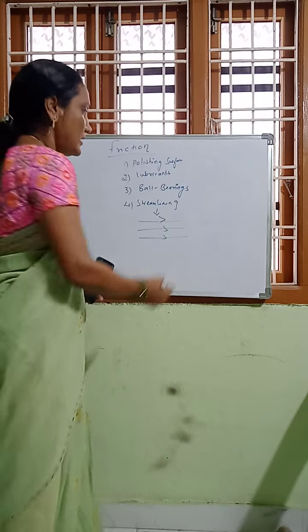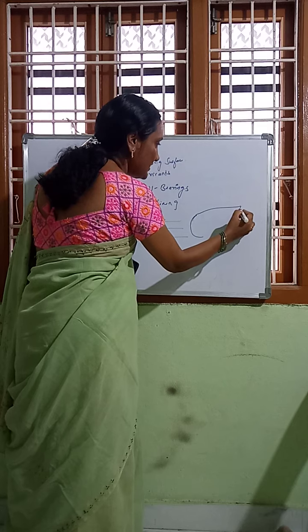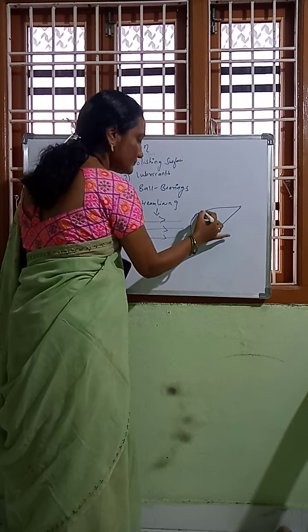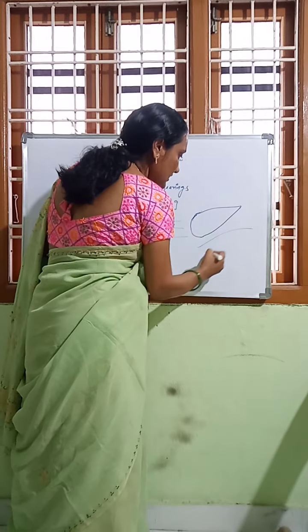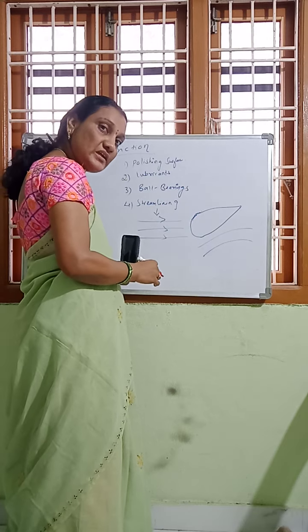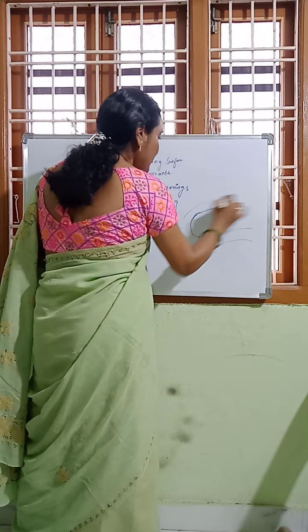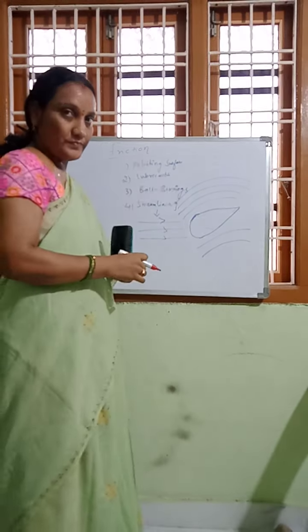This streamlining we use for vehicles such as aeroplanes, cars, etc. You know, the aeroplane wing is designed in a particular way, such that streamlining below the wing will be less and streamlining above the wing will be more.